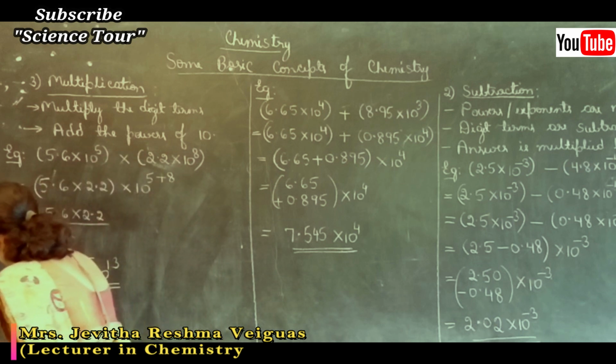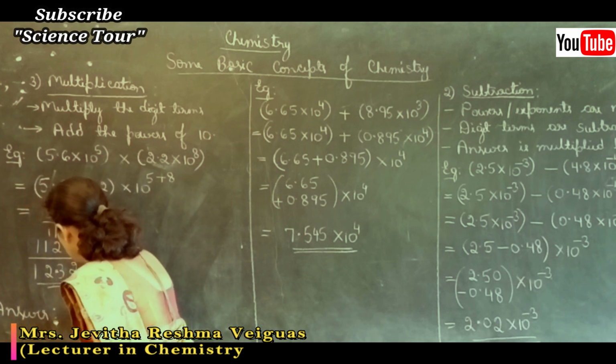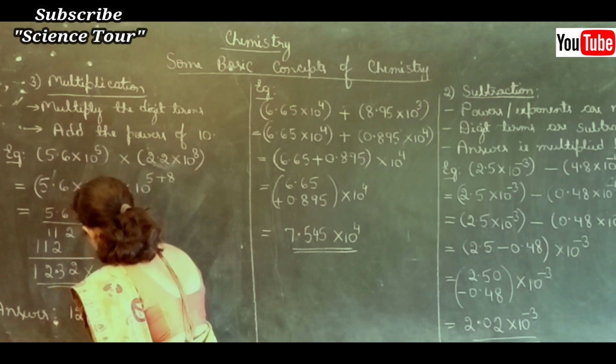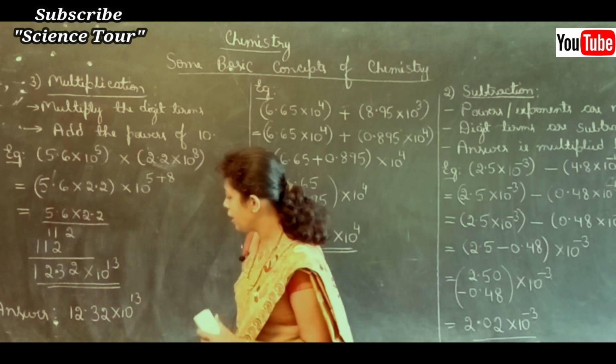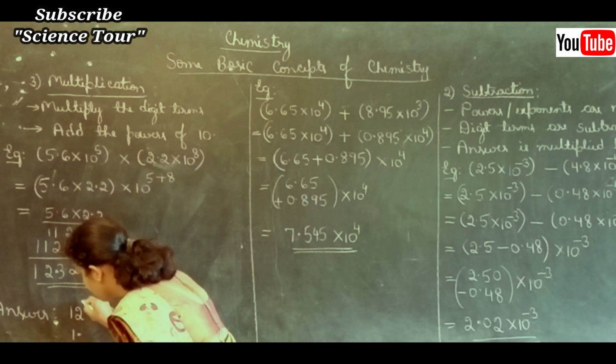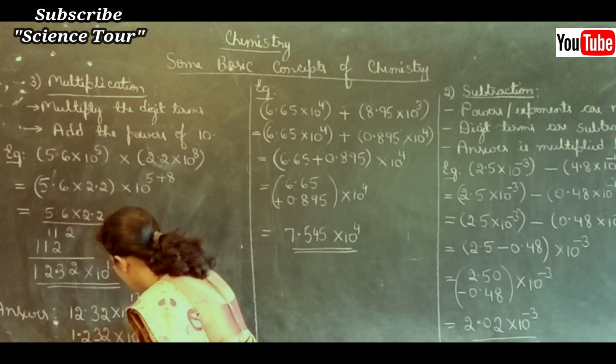So the final answer is 12.32 into 10 to the power 13. If you want, you can write the answer this way by shifting the decimal point. I'll shift one decimal point to the left: 1.232 into 10 to the power 14.